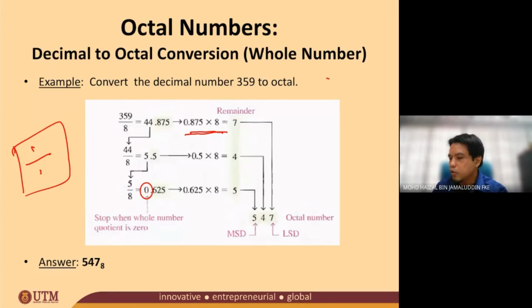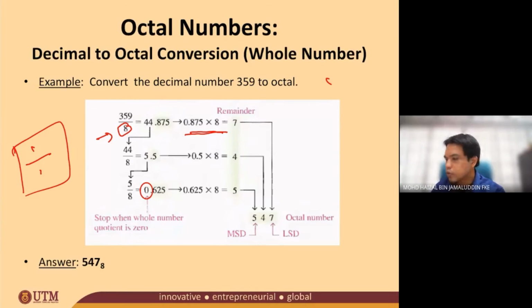So we divide it right now. You divide by 8 because we want to change to octal. If binary, we divide by 2. So now we divide it by 8.